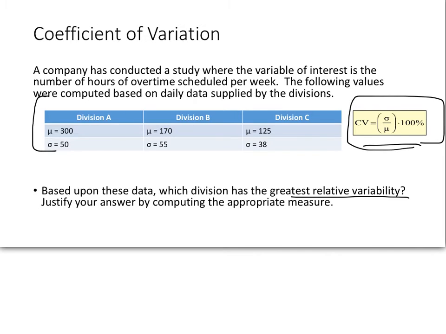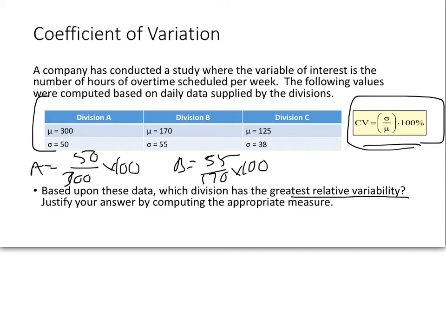All right. So let's put these into the formula then. A is going to be 50 over 300 times 100. B is going to be 55 over 170 times 100. And C is going to be 38 over 125 times 100.